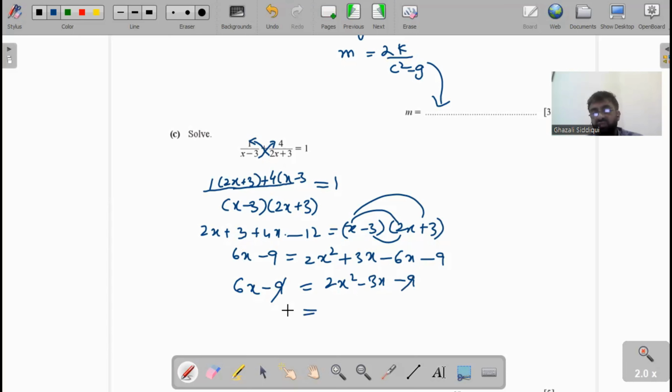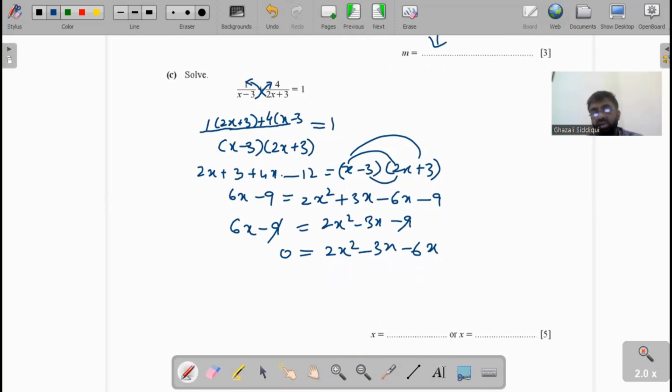We shift 6x from the right side to the left side: 2x squared minus 3x minus 6x, and that value should be 2x squared minus 9x equal to 0.